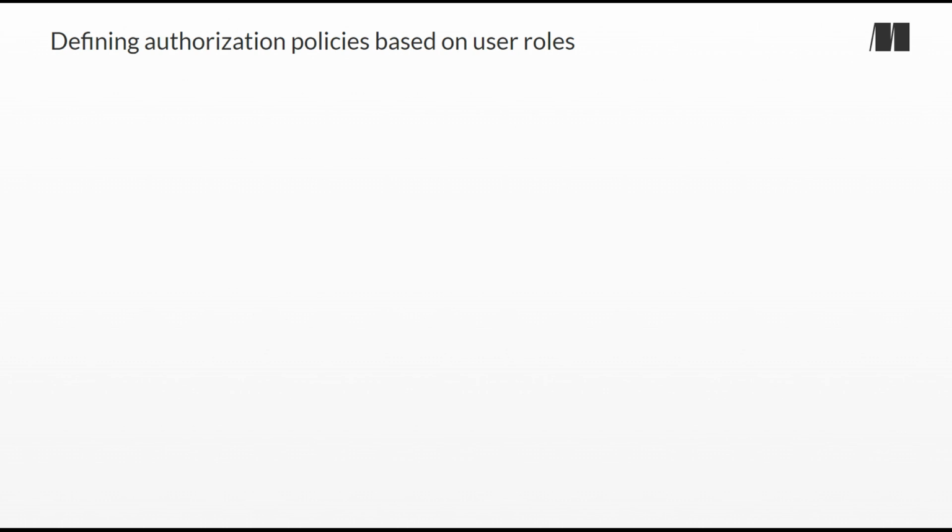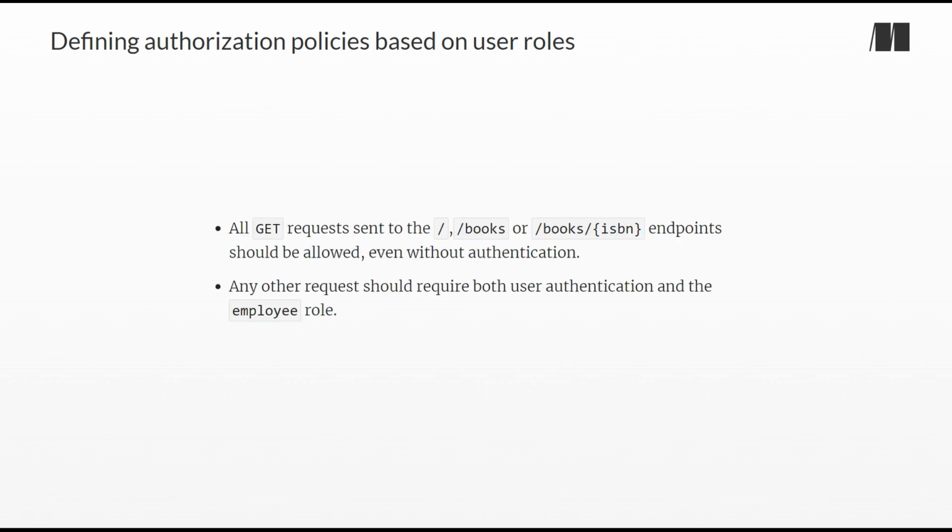Defining authorization policies based on user roles. The Catalog Service endpoints should be protected according to the following policies. All GET requests sent to the /books or /books/{isbn} endpoints should be allowed, even without authentication. Any other request should require both user authentication and the employee role.